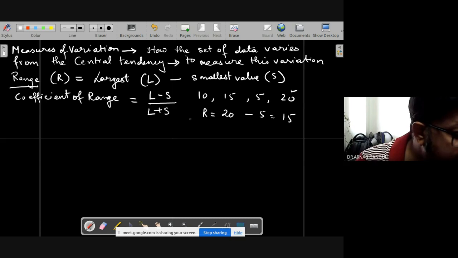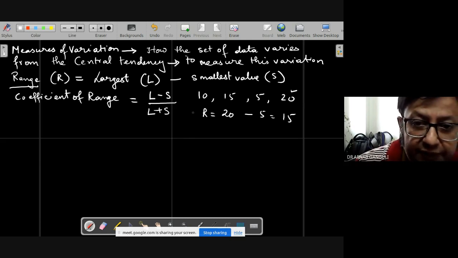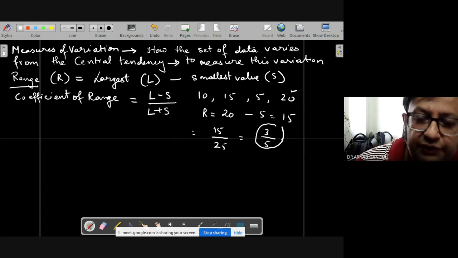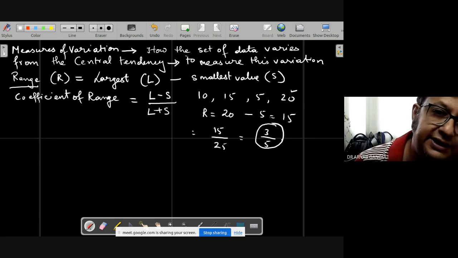And the coefficient of range is L minus S, that is 15, and L plus S, 20 plus 5, that is 25. 5 3s are 15, 5 5s are 25, so 3 by 5. This is the coefficient of range.